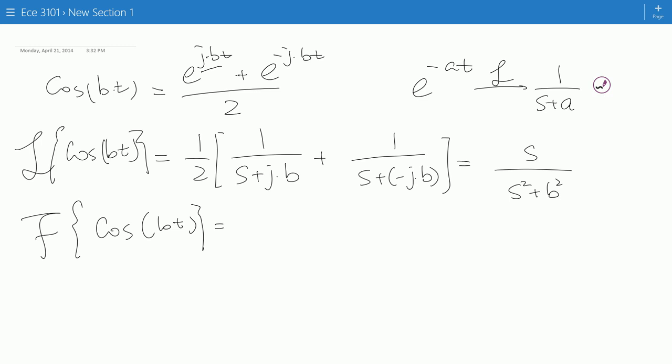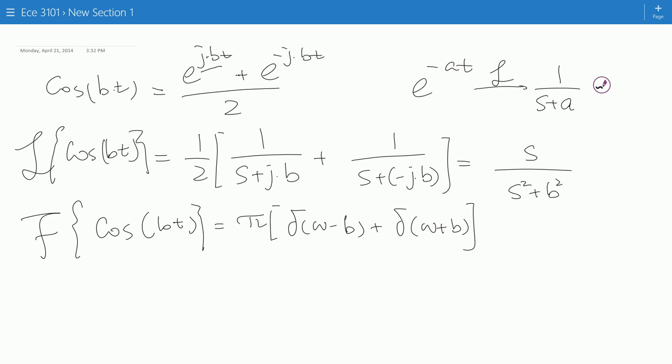So you have 2 delta functions, one at b, another delta function at negative b. And you can see sometimes they can be quite different from one another.